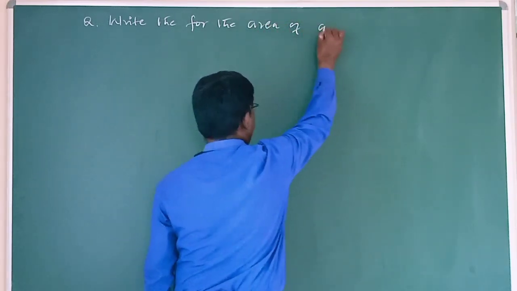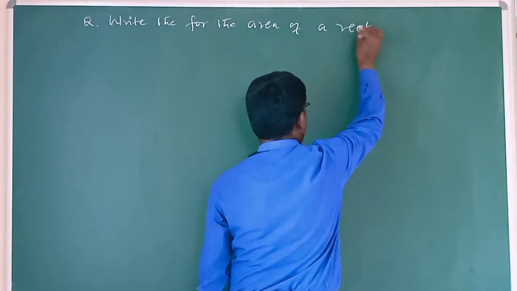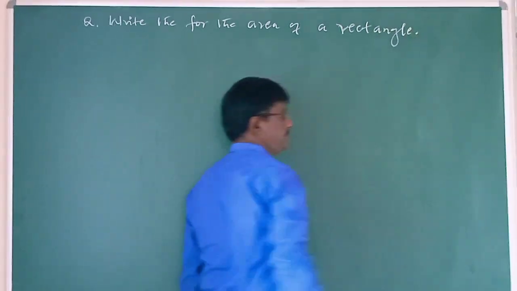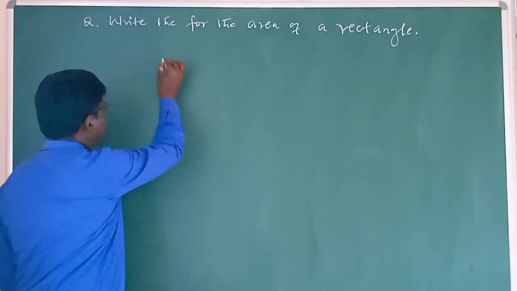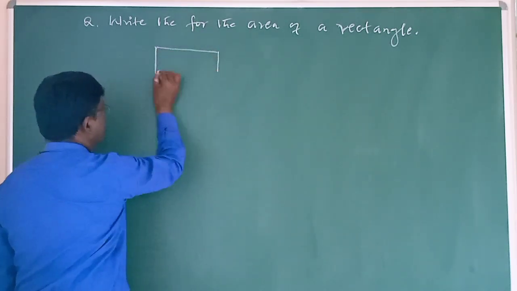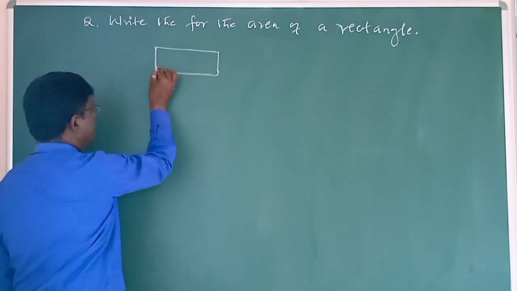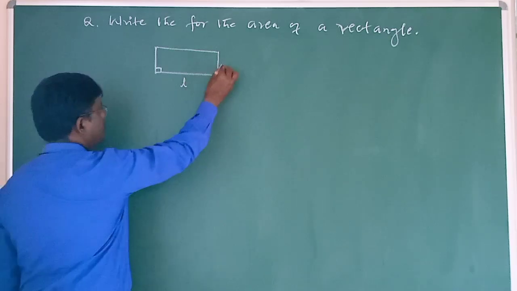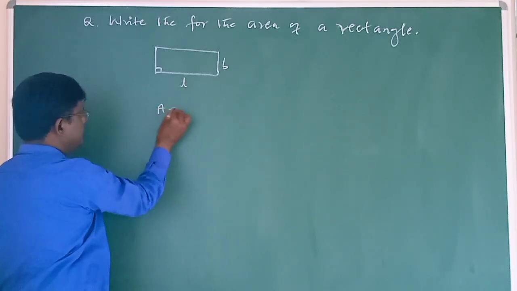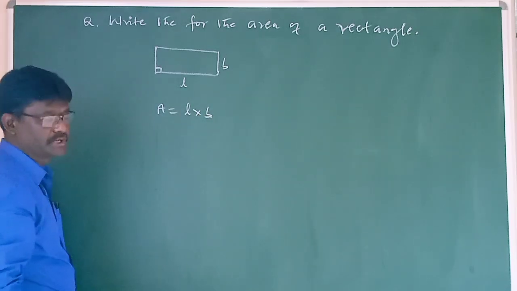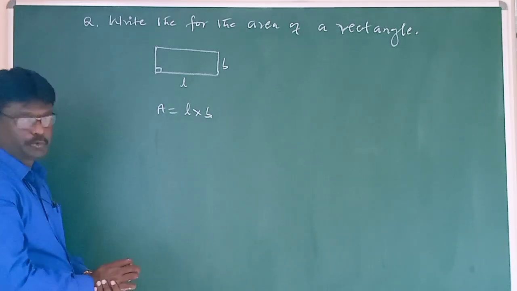A rectangle is a simple figure in which opposite sides are equal and each angle is 90 degrees. With length and breadth, its area is A equal to L into B.